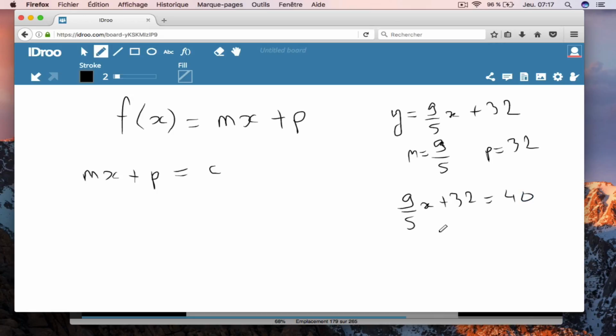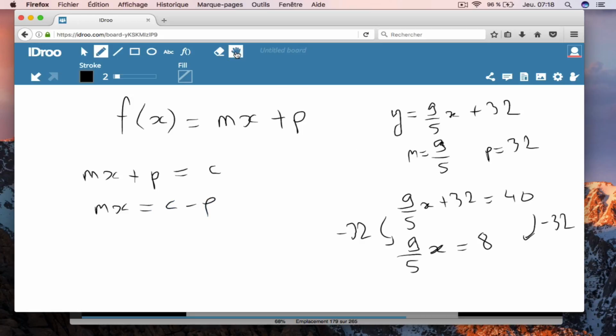So let's solve this equation and analyze what the steps are. First step, we have to subtract this number on each side of the equation, in order to get the part with x only. Okay, so here it is, m times x equals c minus p.